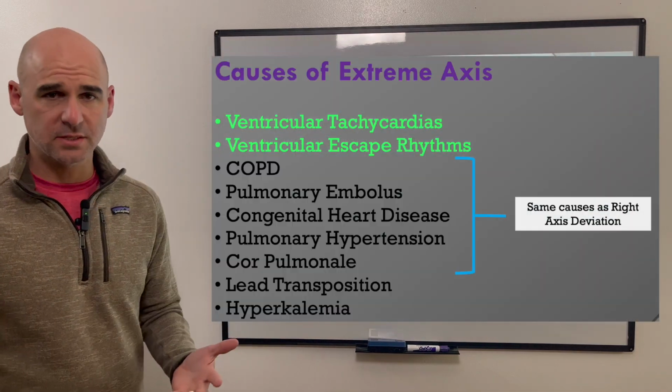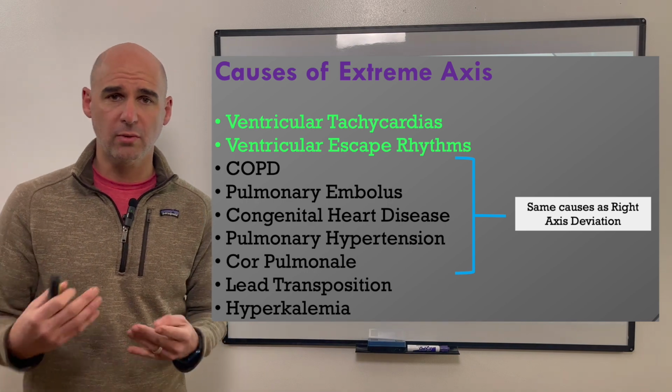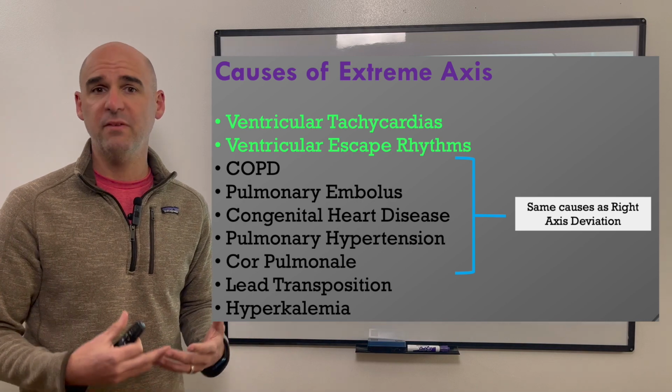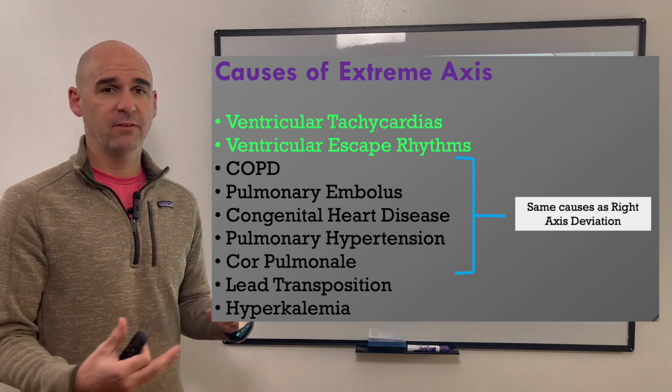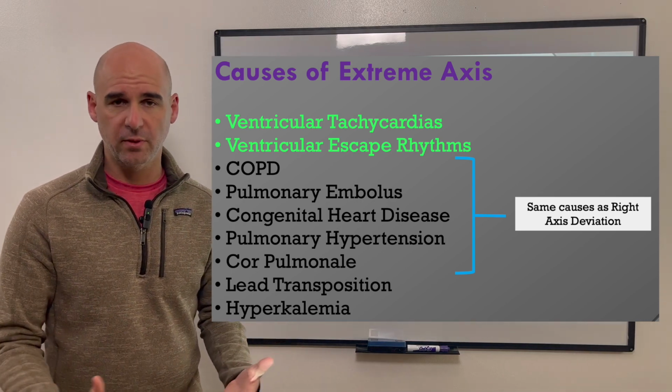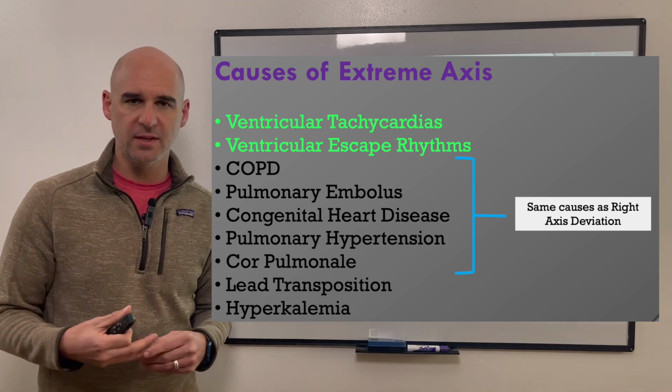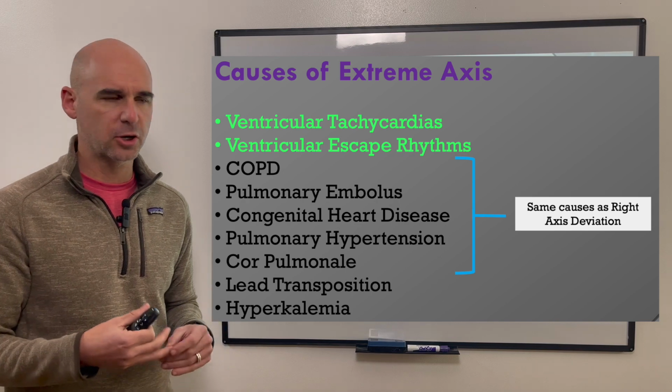So in terms of our causes, okay, there's a number of causes that can create this extreme axis deviation, and the most common ones by far are going to be ventricular rhythms, all right? And the most common of those ventricular rhythms, the one that we almost default to regularly, is going to be ventricular tachycardias and the various ventricular tachycardias that can occur.